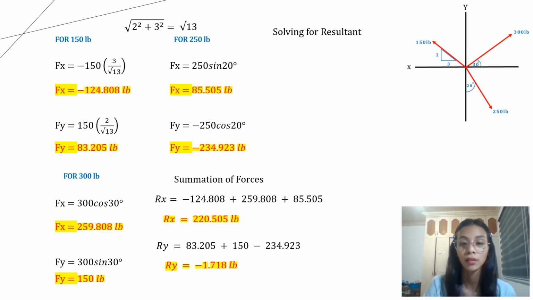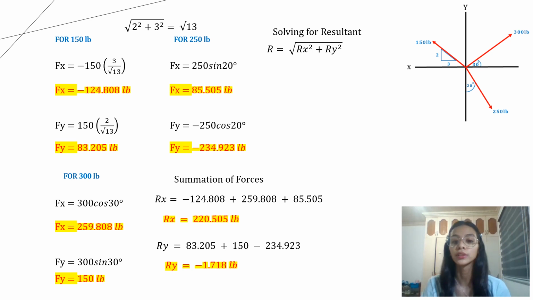And for solving for resultant, we have the formula R is equals to square root of Rx squared plus Ry squared.